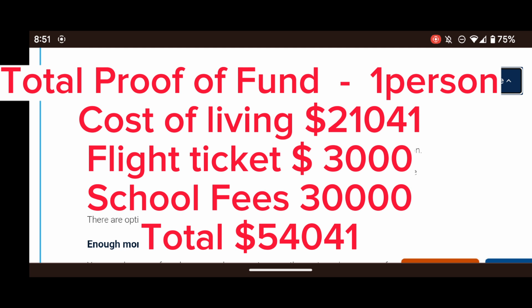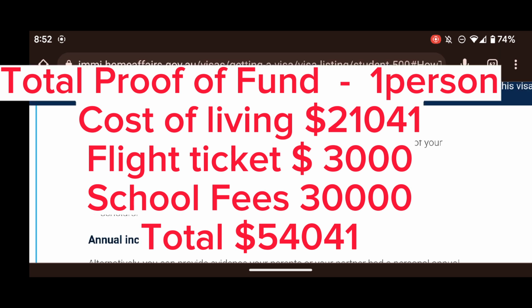Also note that the part school fees, that is the deposit for tuition fee you are going to pay, will come from this money, from your total proof of funds. Once you take it out, it is okay. They will know that you're using it for the school fees deposit. However, if you are coming with your family members, the figure changes as I explained in this video.